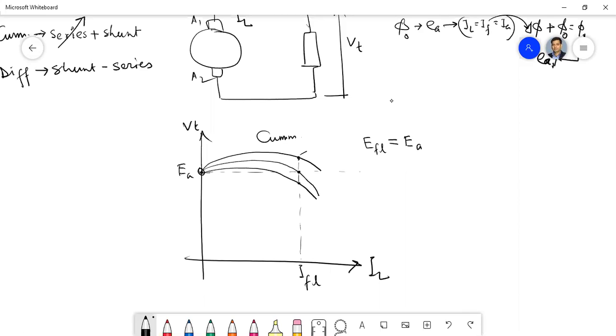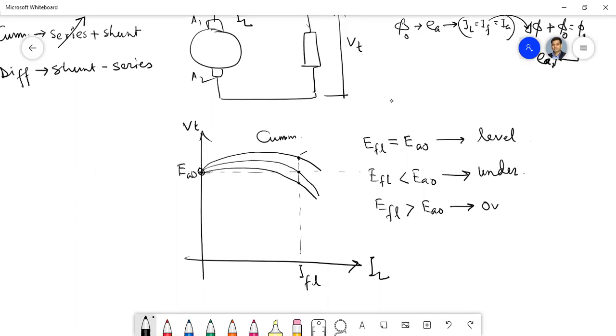The EA is the no load voltage, or you can also write EA0. The full load voltage can also be less, just like the lower one, and the full load voltage can be more than EA0. So this is called the level compound, this is called the under compound, and this is called the over compound.